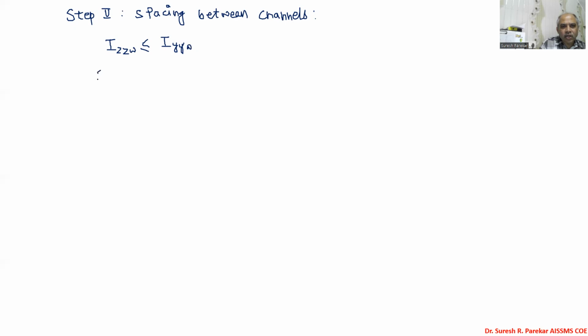So we can have 2 into IZZ of individual. Now try to understand this. IZZ of individual section and IZZ of whole section are along the same line, so we have to directly multiply it by 2.